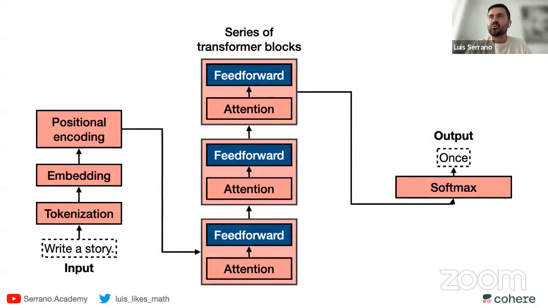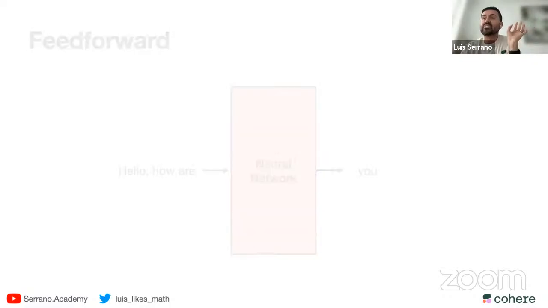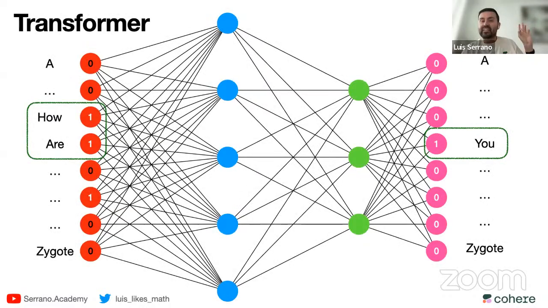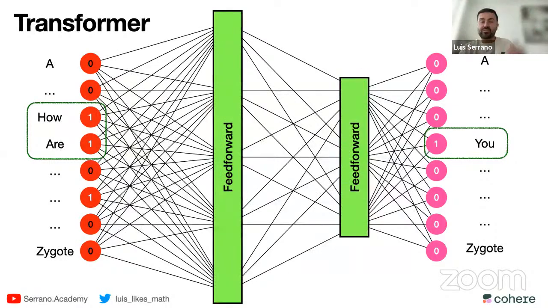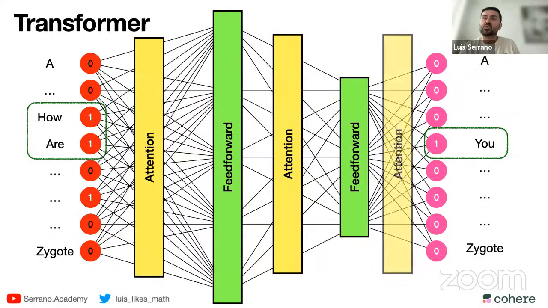All right. So we're almost done because we went through tokenization, embedding, positional encoding, and attention. And then there's feed forward, but feed forward is just a neural network. So feed forward is just the good old neural network that guesses the next word. And these layers we're going to call feed forward. And all we have to do is put attention layers in between.